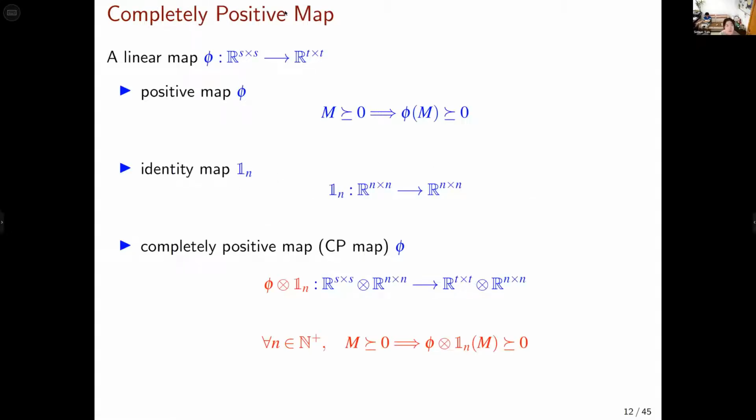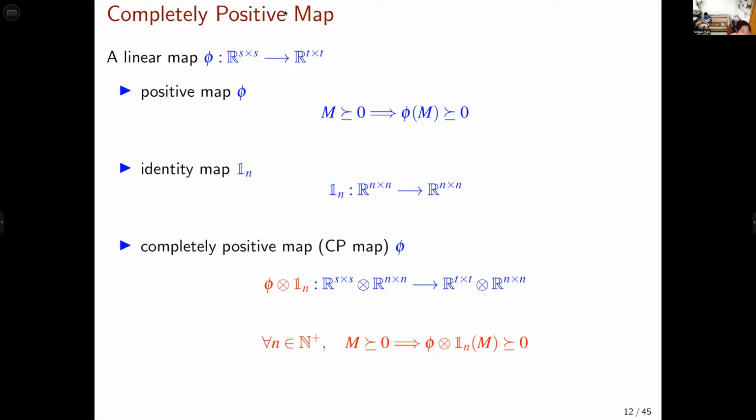This is the definition of the completely positive map. For a linear map phi from a matrix space to another matrix space, we call phi positive if phi maps every matrix M which is positive semi-definite to phi(M) which is also positive semi-definite.